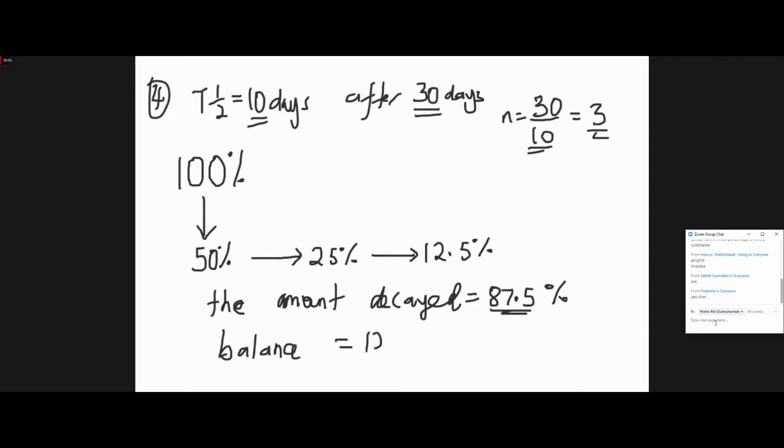The balance is 12.5%. Okay, done. Then we go to question 5.